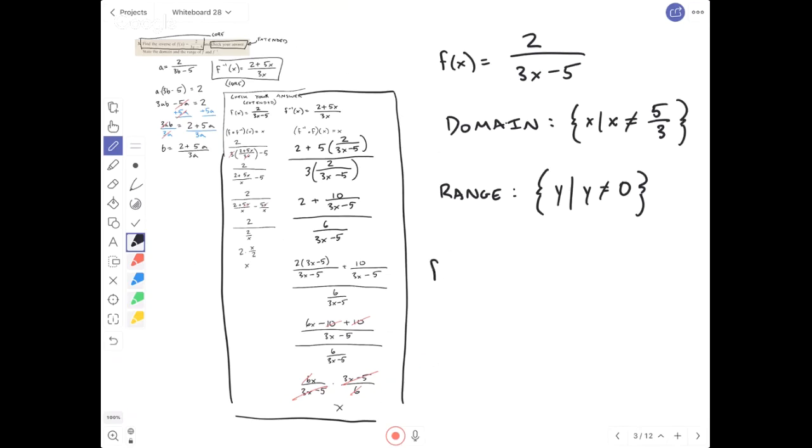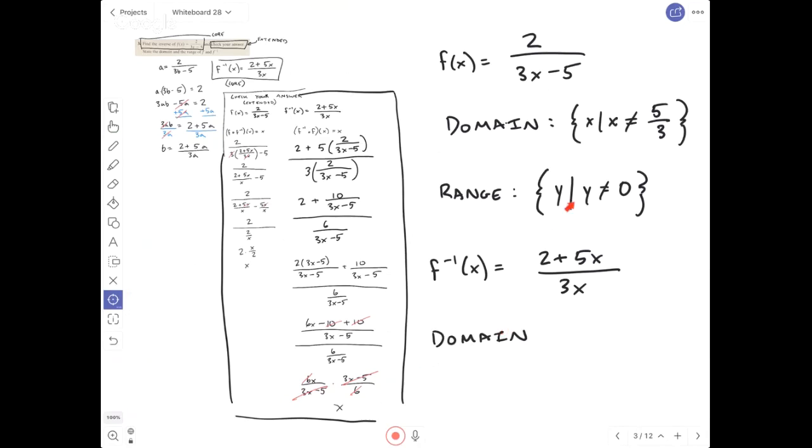And then for f inverse of x equal to 2 plus 5x over 3x, the domain, and this is nice because it allows me to check my work up here. Hopefully, if I found the range of f of x correctly, it'll be the domain of f inverse.